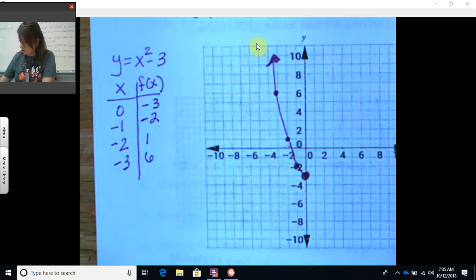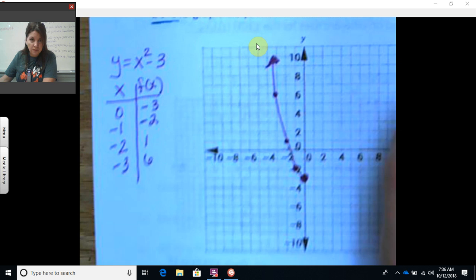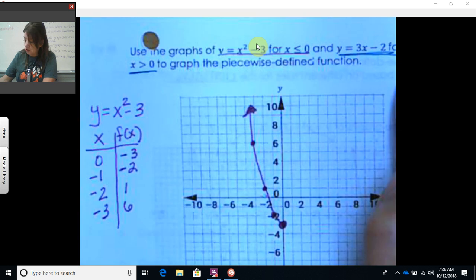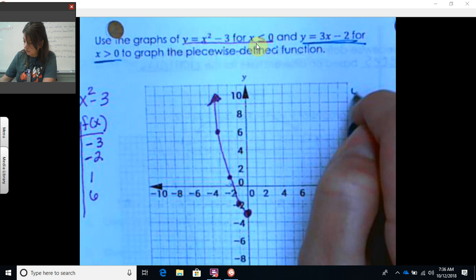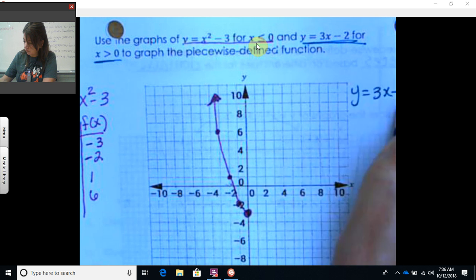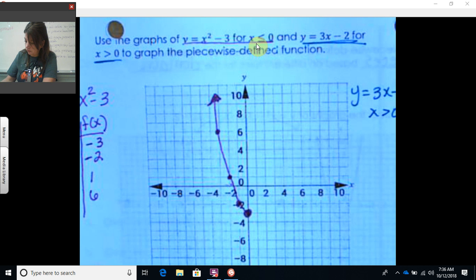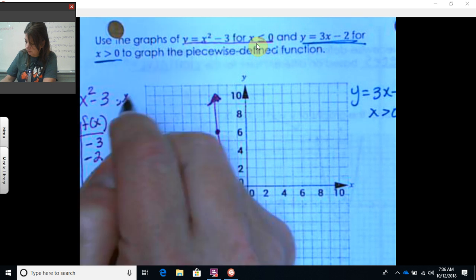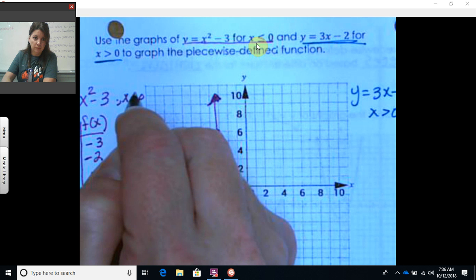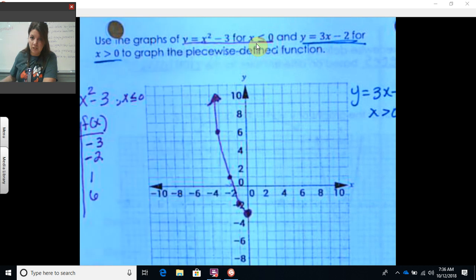Okay. So now let's graph the other piece. Y equals 3x minus 2 when x is greater than 0. So I'm going to make a little table of values.